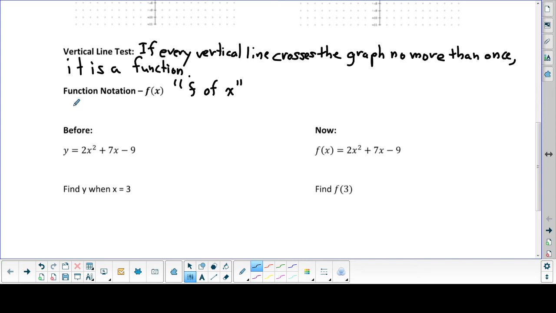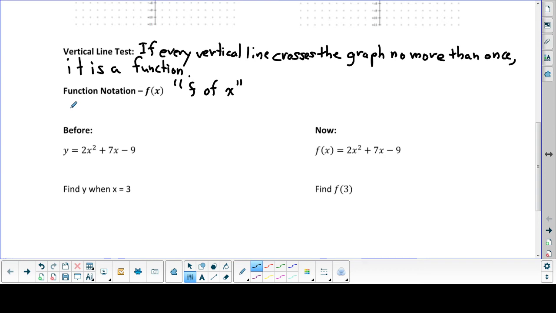Okay, and the nice thing about using this notation, and if we look at our examples down here, we'll come back, we write it out like this, and basically we're just replacing y with this f of x. And the thing that we'll see in our example that's nice is this pairs the independent variable with the dependent result of it.